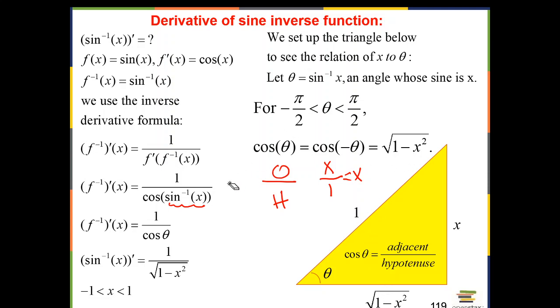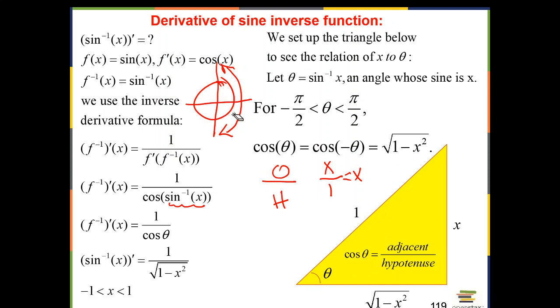Now, since here is sine inverse, remember the restriction for sine inverse is that we are between negative pi over 2 and pi over 2. That's the restriction for sine inverse. So in this region, cosine is always positive. That means we don't have to consider another triangle and figure out what happens if cosine is negative.